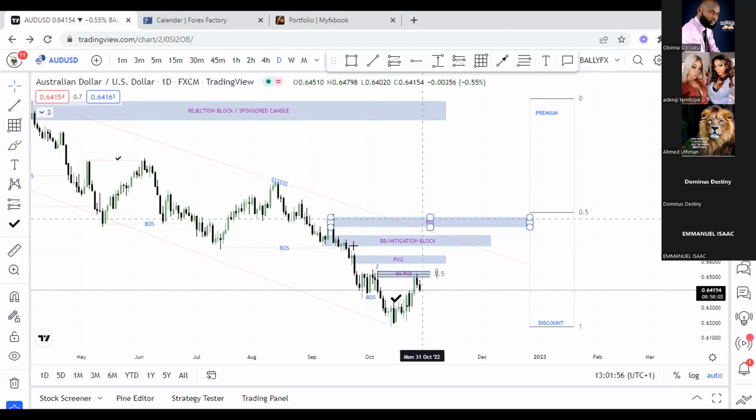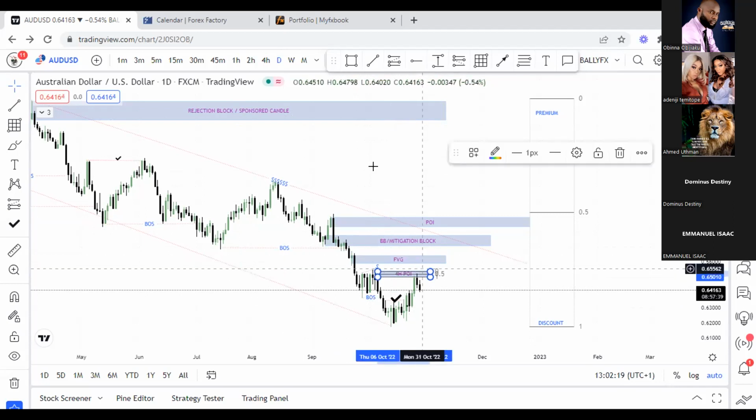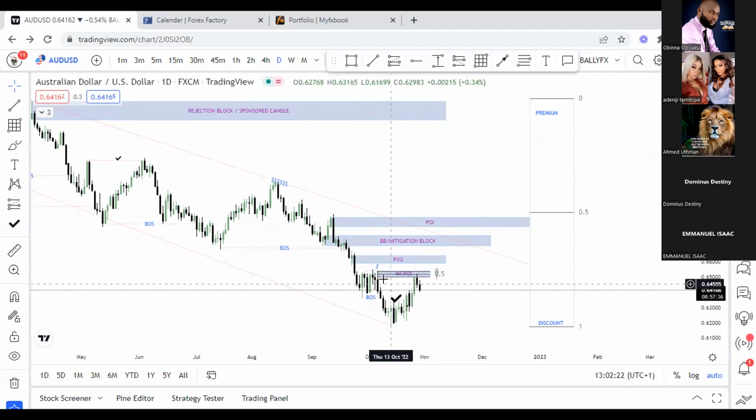So all we should be looking for in the future is for price to take out this liquidity we have there and retest this fair value gap and continue the bearish structure, take out this equal low liquidity that we have here, like this 4-hour zone, this order block here, this rejection zone. Price has retested the 50% of the array and it's coming down.